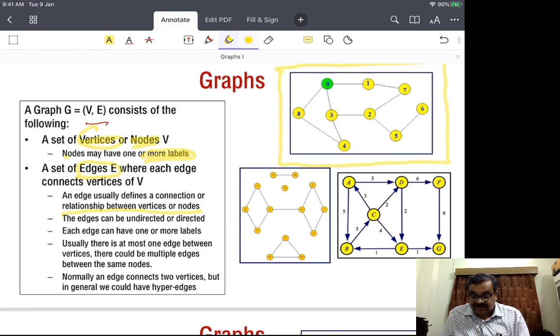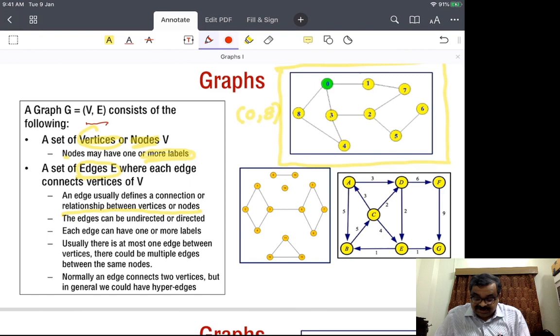Typically in a graph, vertices are drawn using circles, and the node number or the node name is given inside the vertex. An edge is a connection between two vertices. For example, this edge is called the edge 0, 8. Let me use a pen.